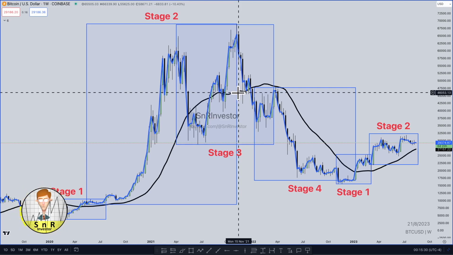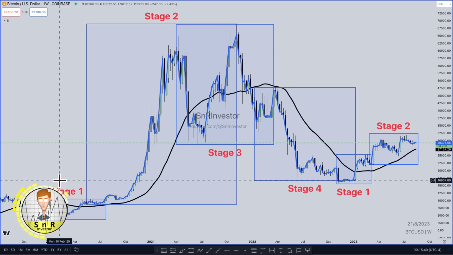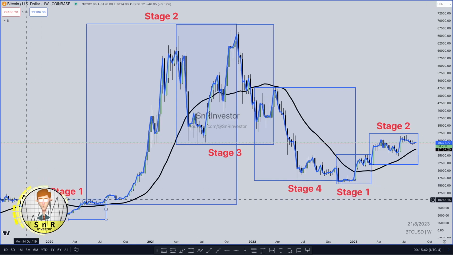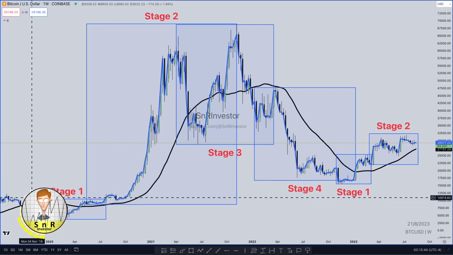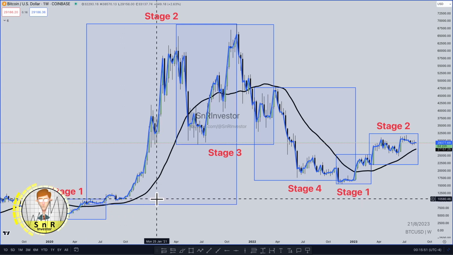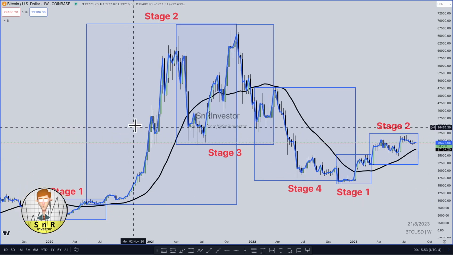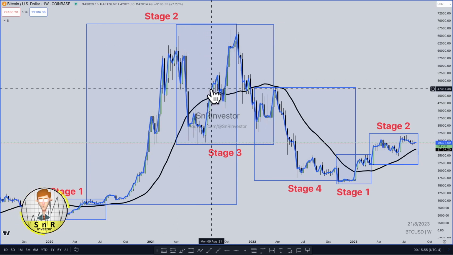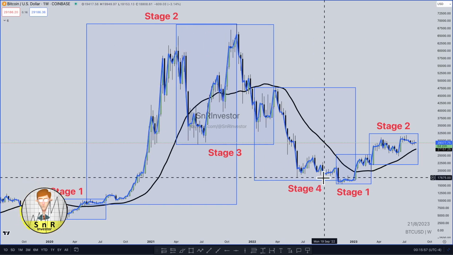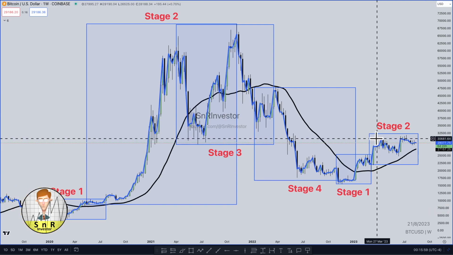As previously, if you are able to identify the stage clearly, then you can take advantage by buying during the transition between stage 1 to stage 2 and stage 2 to stage 3 and 3 to 4 and 4 to 1 and 1 to 2.